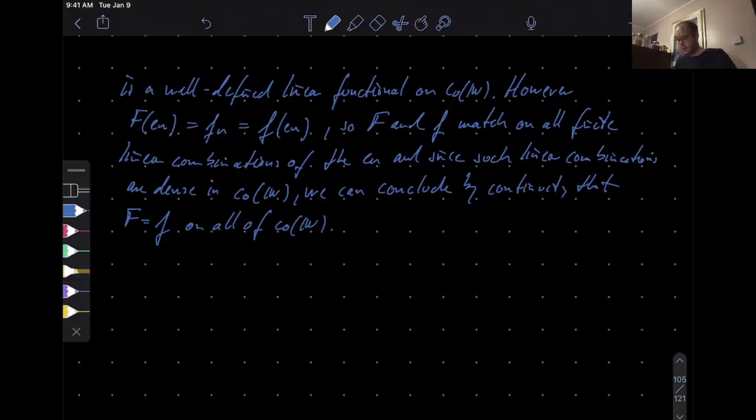Okay? In turn, remember capital F clearly is in the range of T.